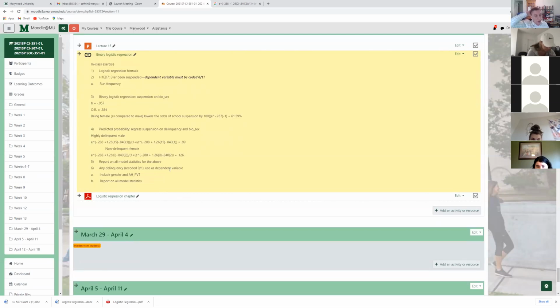You can use logistic regression when you have a continuous variable like delinquency, or something else where any positive response to any of these items, let's say any of the substance use items or any positive response to violence, means you want to say, did they say yes to any of these things?